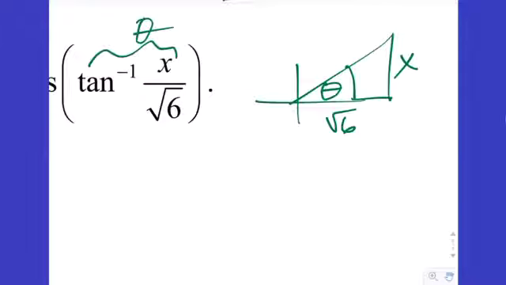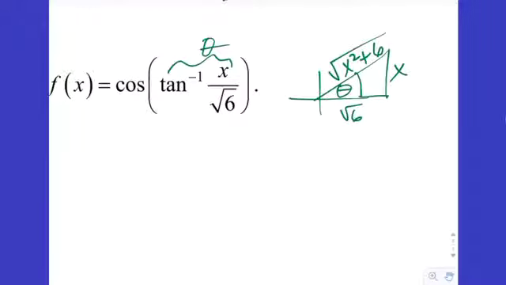And now the hypotenuse by the Pythagorean theorem is the sum of the squares of the two sides. So that's x squared plus the square root of 6 squared, which is 6. There's no difference now in your radicand because you're finding the hypotenuse, not one of the short sides.